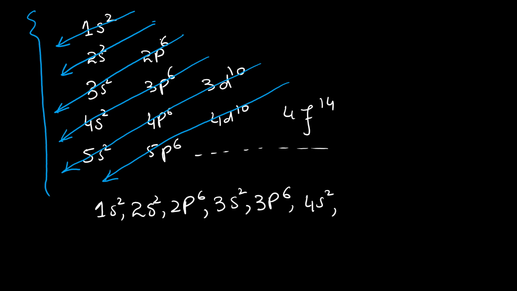And the fifth line starts from 3d10, goes toward 4p6 and then 5s2. And the sixth line starts from 4d10 and ends at 5p6.